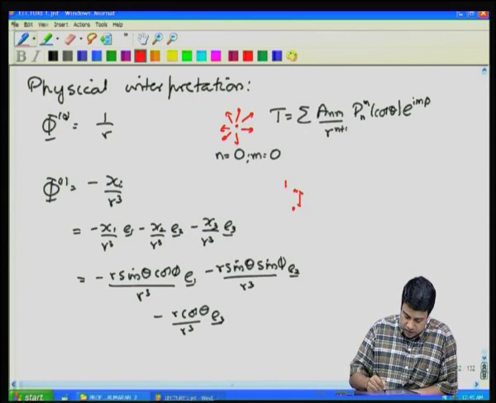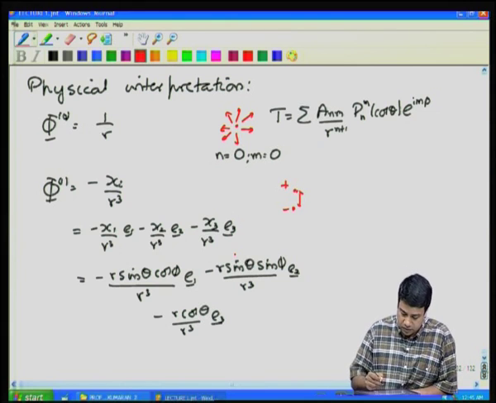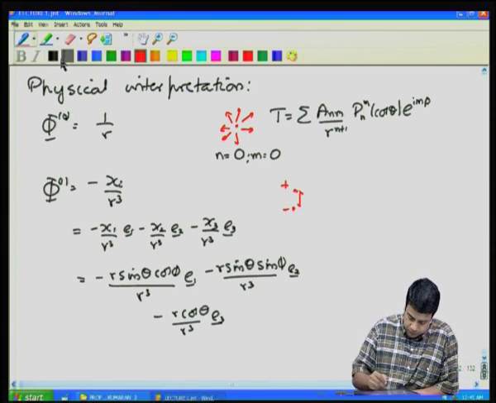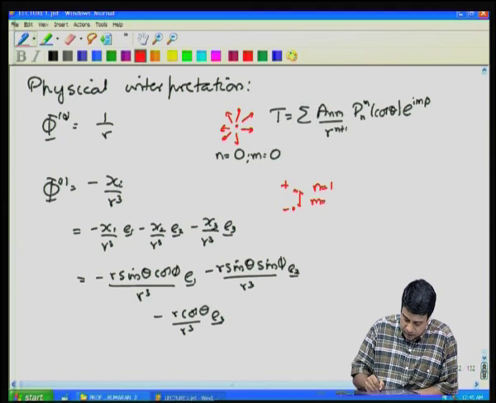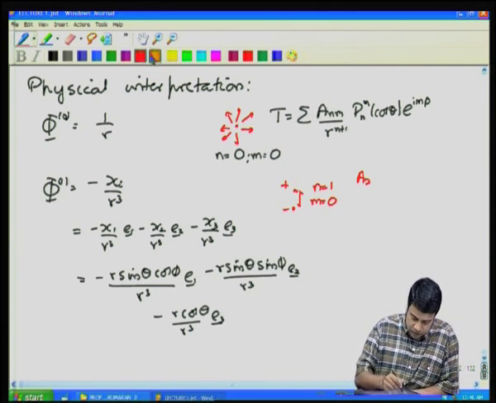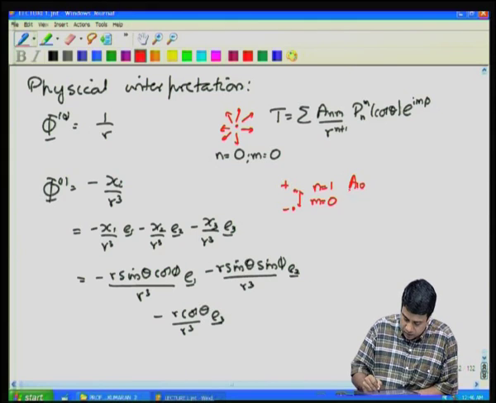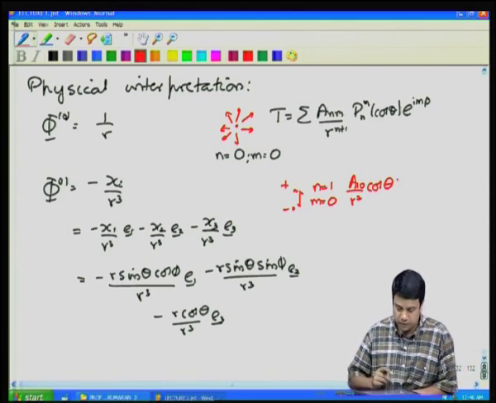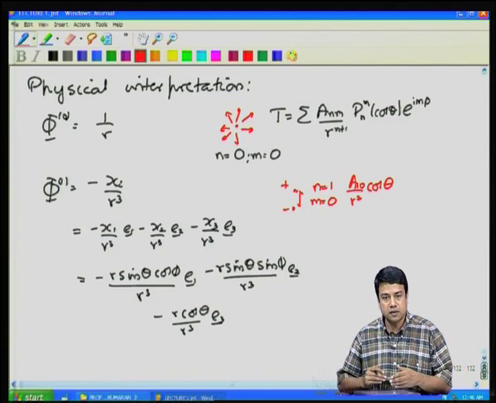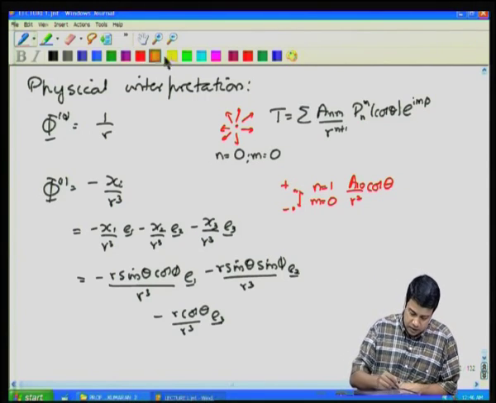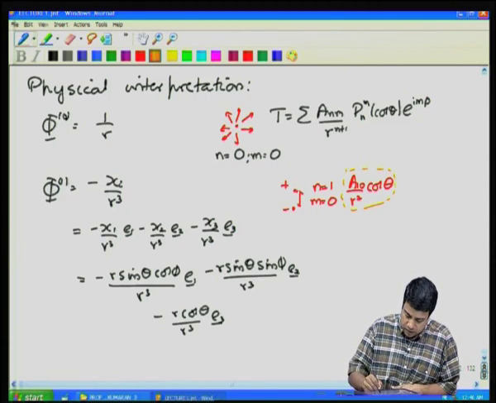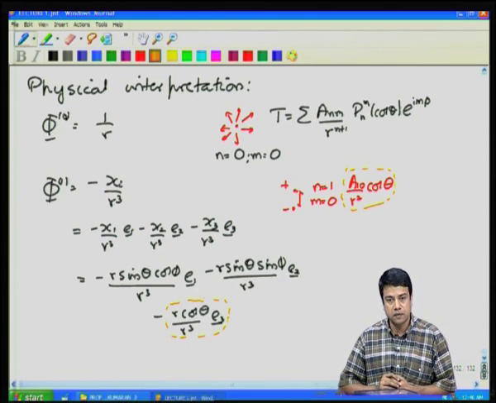So, in the x_3 direction, the solution was for n is equal to 1, m is equal to 0, some constant a_10 by r square cos theta, for separation along the x_3 direction or the z direction. You can see that this one is identical to the vector solution component along the 3 direction for this gradient of the fundamental solution.